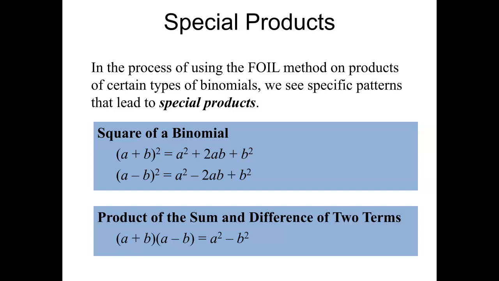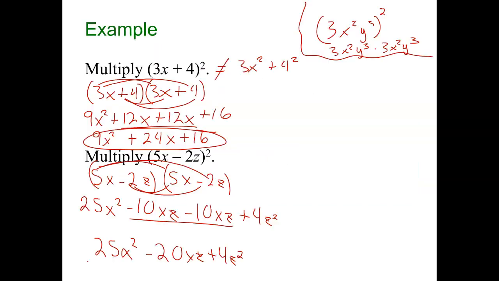So when we squared our binomials, there's a pattern that showed up where we ended up with our first term squared, our second term squared, and then the product of the two terms doubled. That's what this middle term is. So I'm going to go back to this slide here and highlight. 3x squared is what?